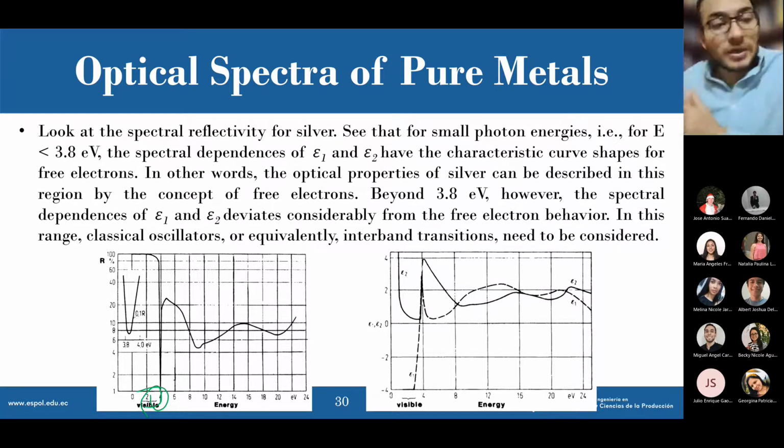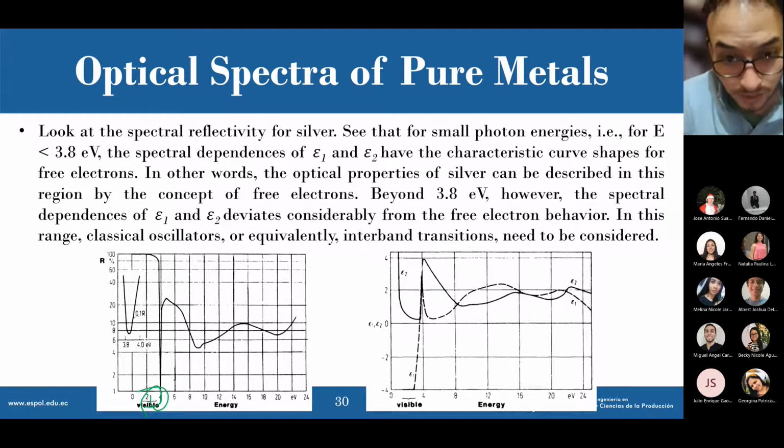But then beyond that, now you see that it has nothing to do with a free electron. Now you can see what we saw in the last model, the Lorentz model, that classical harmonic oscillation that we define as an interband transition. Now you can ask, how can you say you have interband transitions? Look at the peaks.